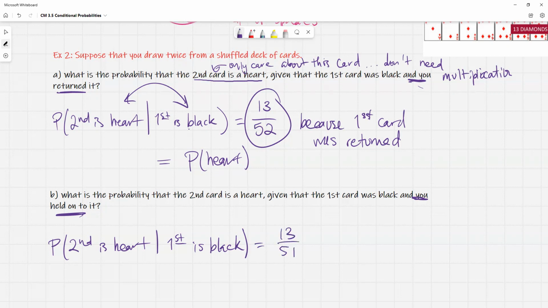Here's an example where the given statement doesn't change my probability because I returned it. But here, since I'm holding on to it, that is an example of dependent events. I'm keeping it so it changes my overall total. It's 13 out of 51 because I kept the first card. Hopefully that's making a little more sense.